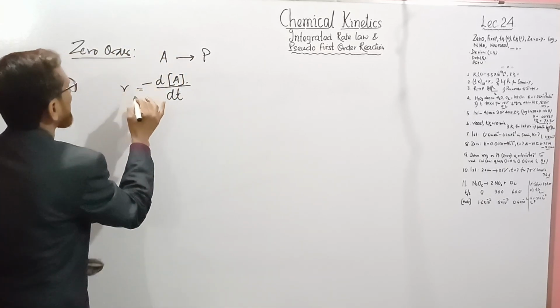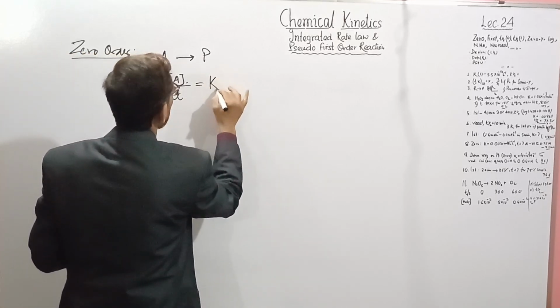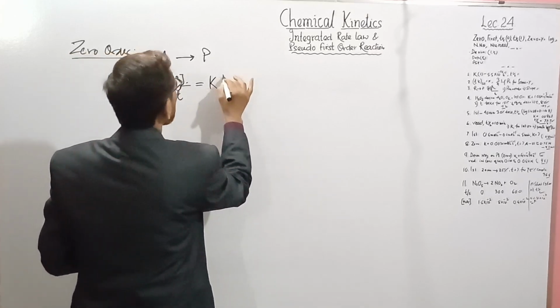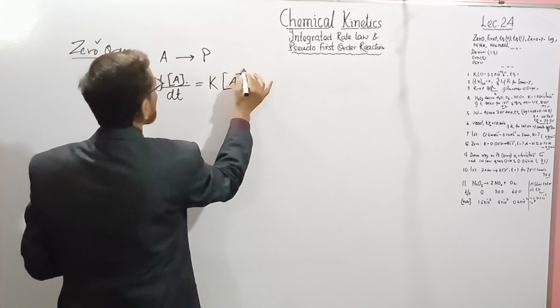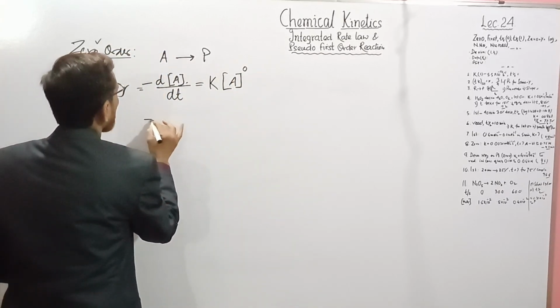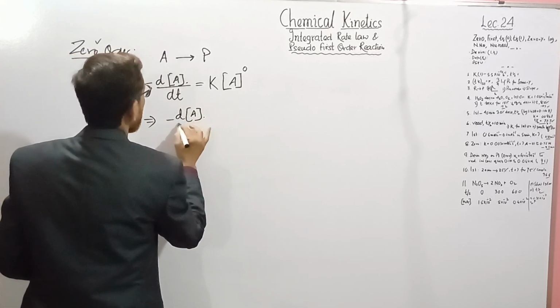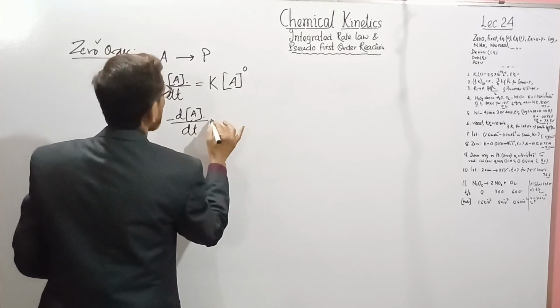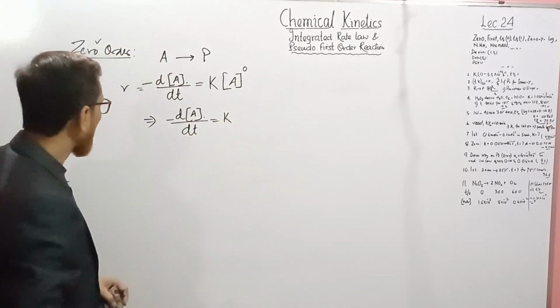Rate is equal to minus dA by dt, and that rate is equal to some constant times the rate expression, the concentration of A, and since it is zero order, its order is zero. Am I right? So now minus dA by dt is equal to K times A to the power 0, which is equal to 1.